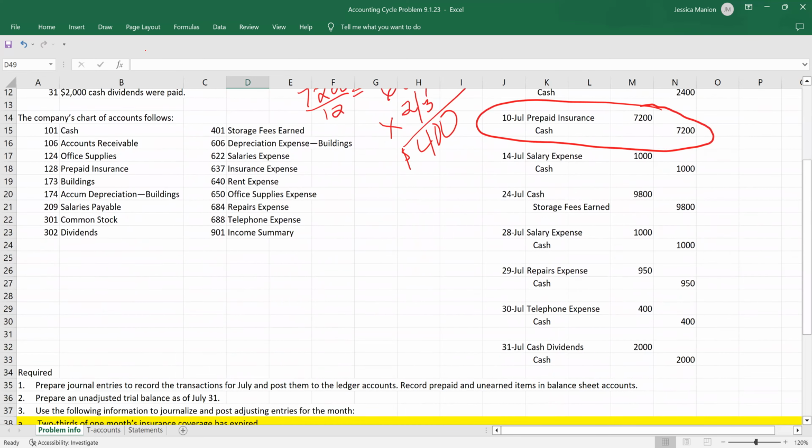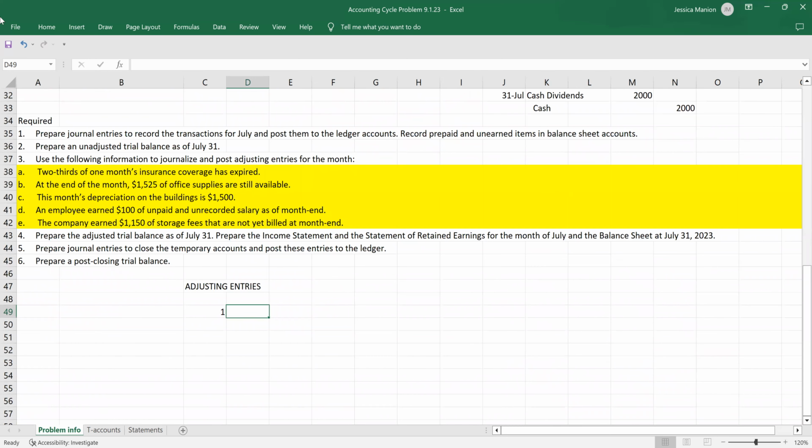Okay. So if we go down here to our adjusting entries, we're going to have debit insurance expense 400, credit prepaid insurance 400.